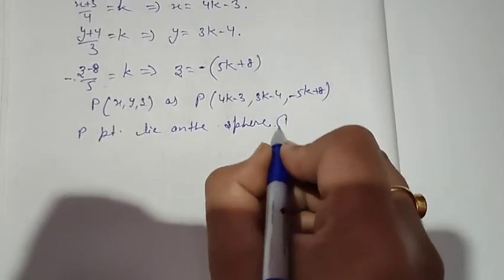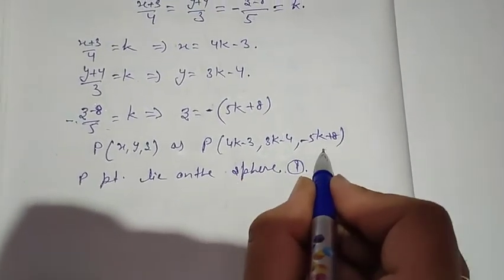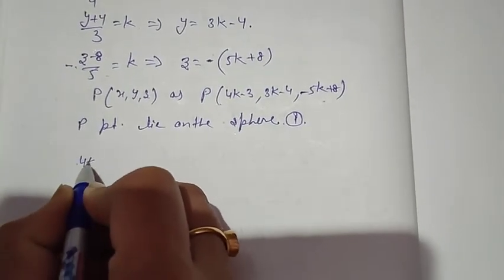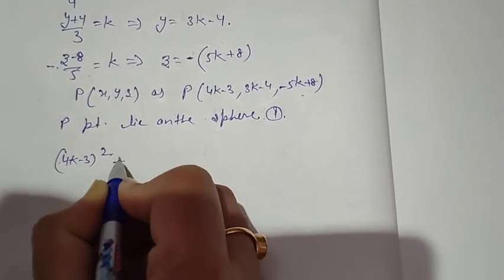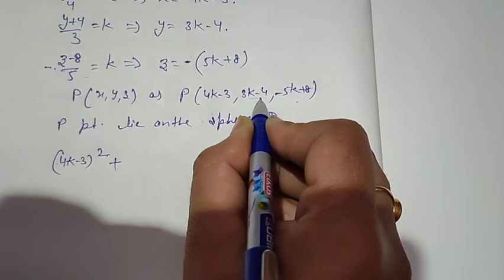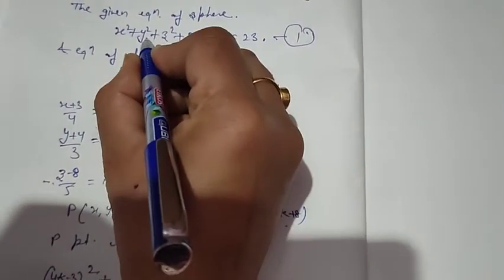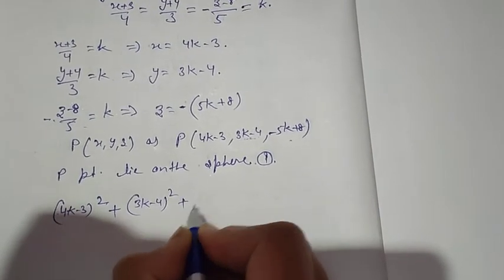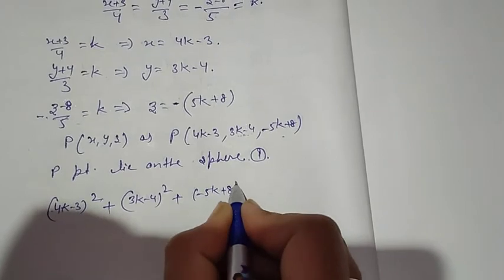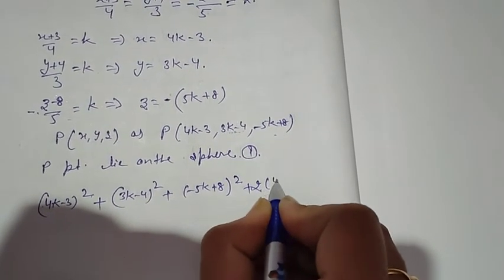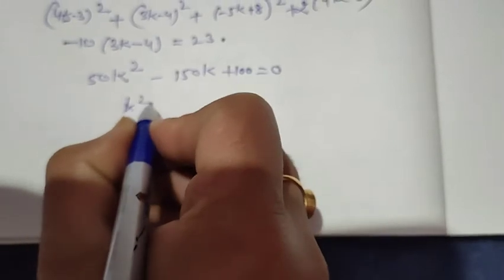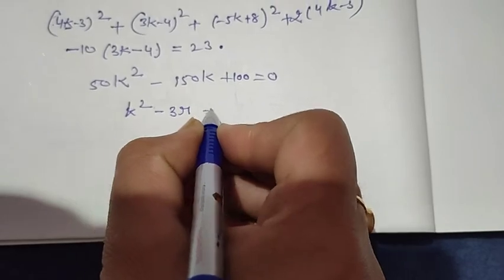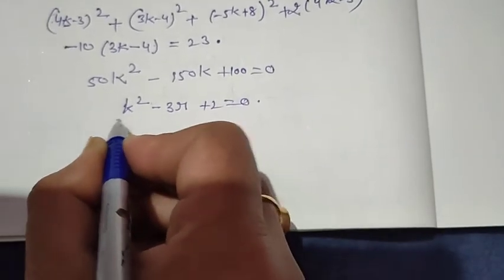First we put this point in the sphere: we find (4k - 3)² plus, putting 3k - 4 in place of y, (3k - 4)² plus (5k + 8)², plus 2 into (4k - 3), and then it becomes k² minus 3k plus 2 equal to 0.